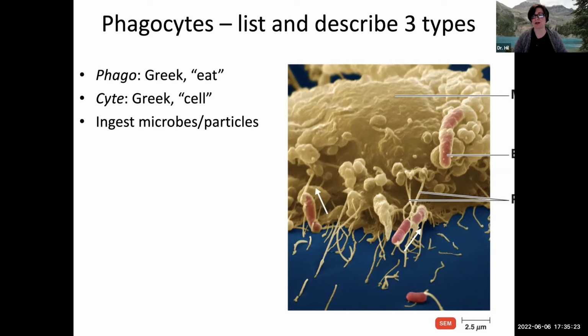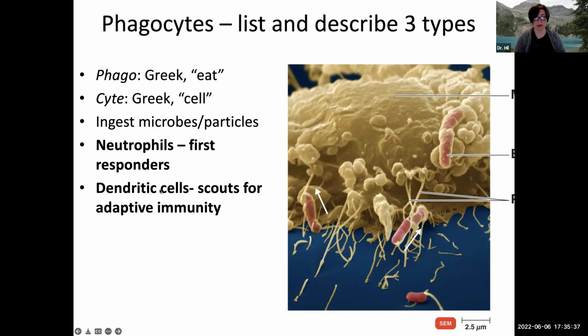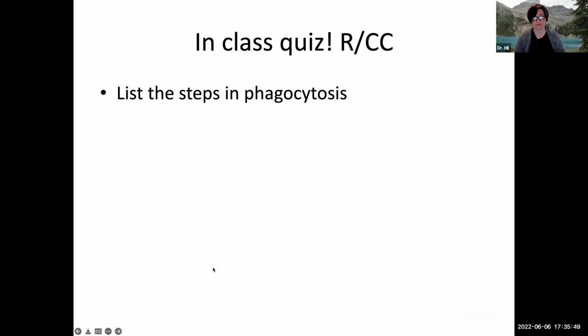Whereas the macrophages, which are much more aggressive, need to be activated, are more like deployed troops, right? You bring them in once you're like, okay, now we know we're under attack. So we have our first responders, we have our scouts to talk to the adaptive immune response, and we've got our deployed troops. These guys will be called in once we already know we're dealing with an infection.